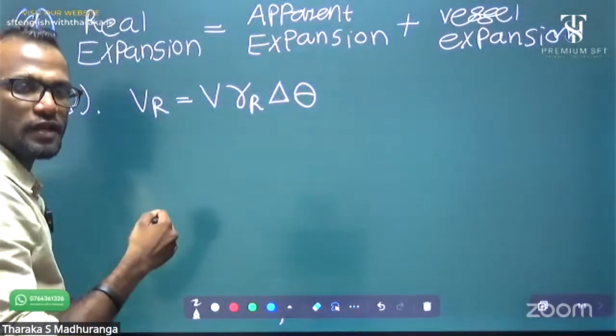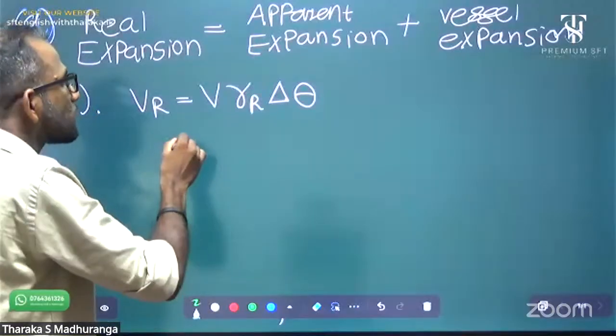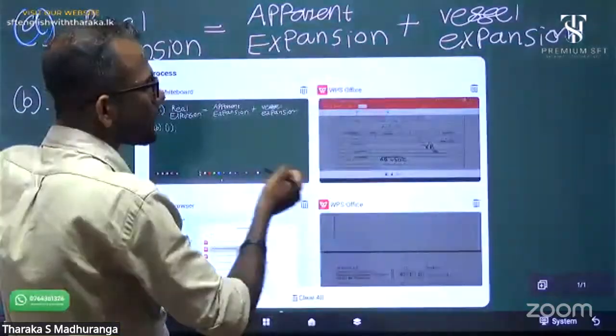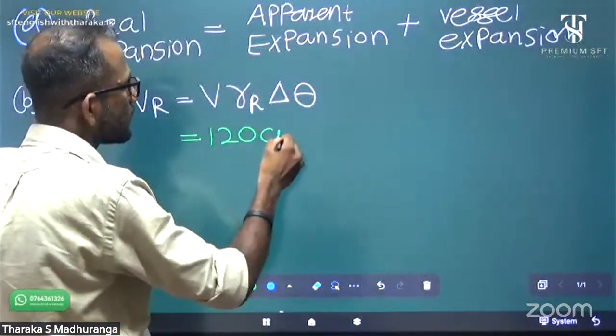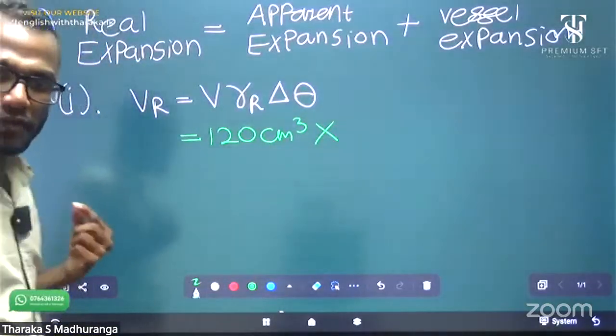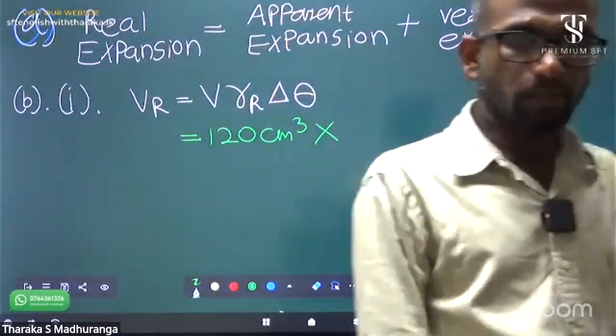What is the equation of that? It is real volume expansion, right? Real volume expansion equal the initial volume, 120 cubic centimeter. We are discussing 2016 essay question number 9, right?